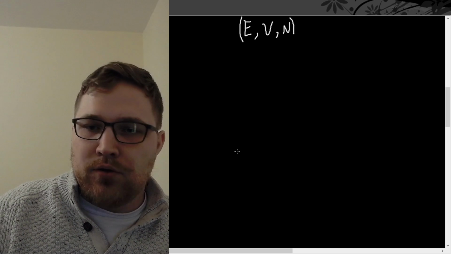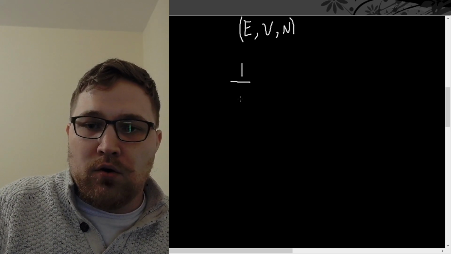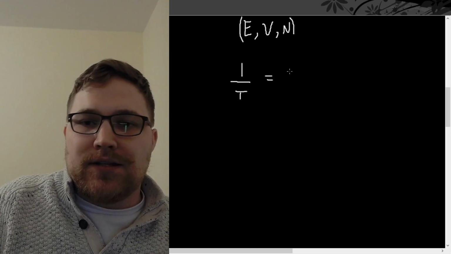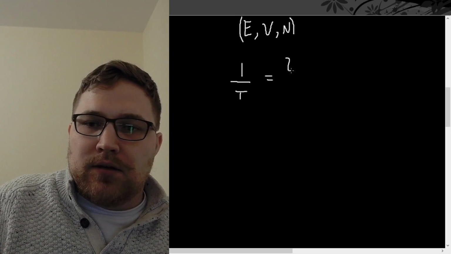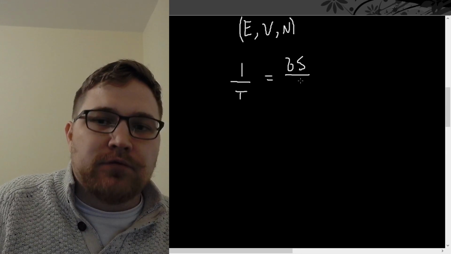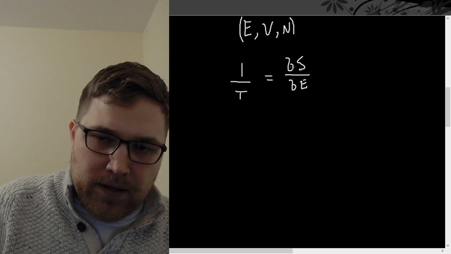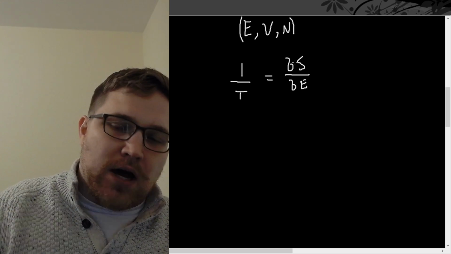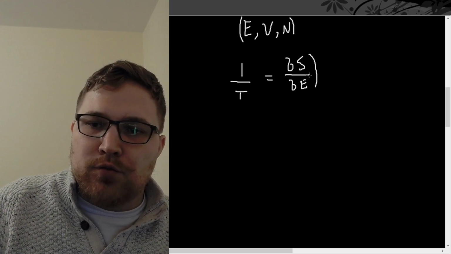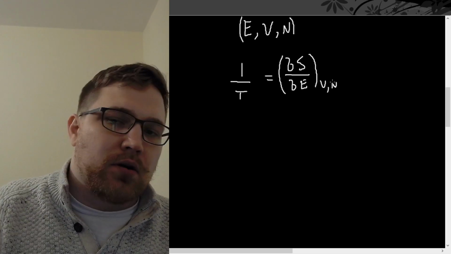In past videos, we defined temperature in the following way. We have 1 over the temperature is equal to the partial derivative of entropy with respect to energy, where we keep volume and the number of particles fixed.